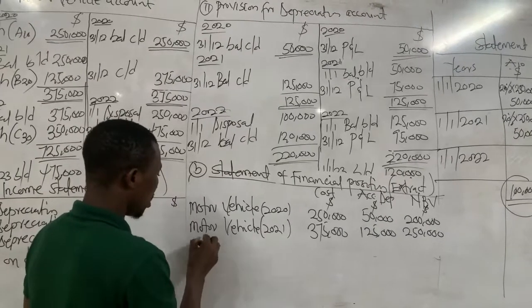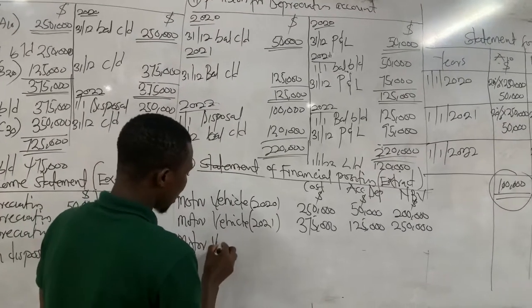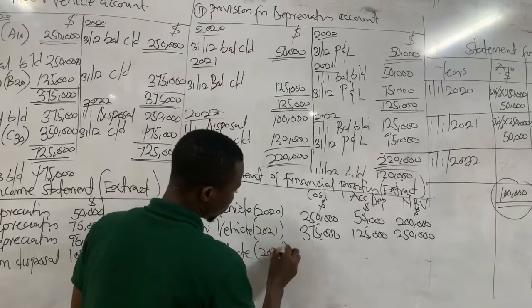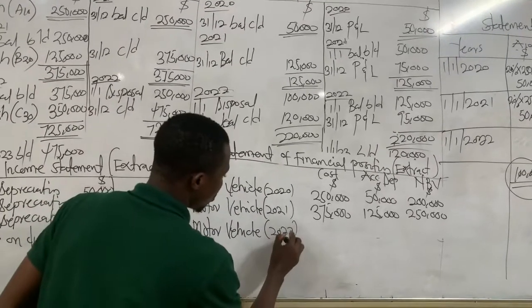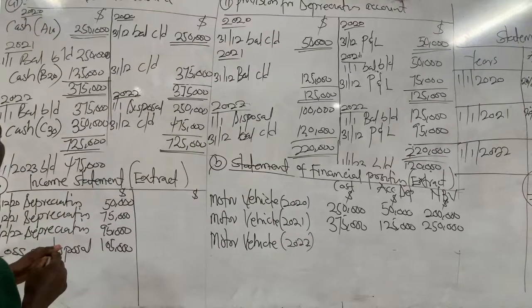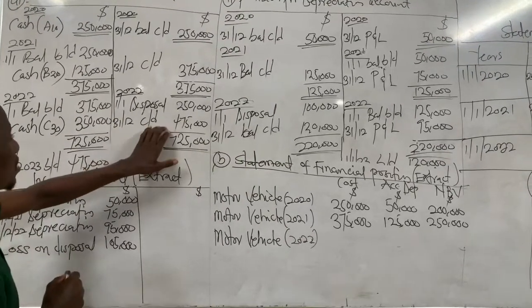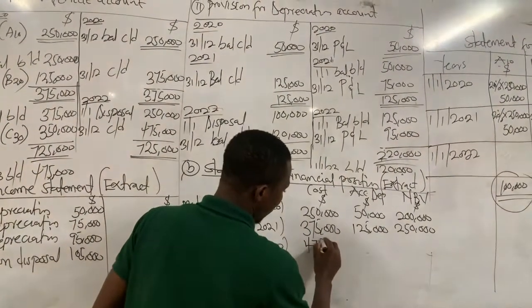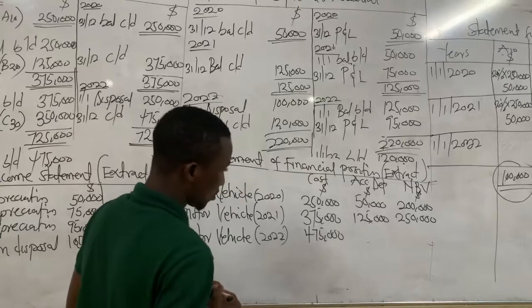So the motor vehicle assets, 2022, we had a balance over here. The current amount is 475,000. So 475,000. Is that okay?